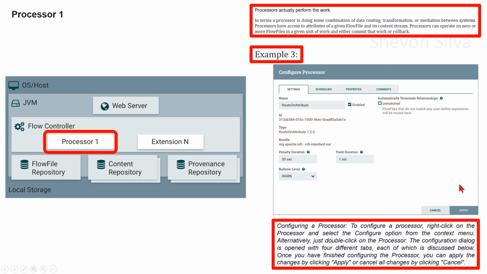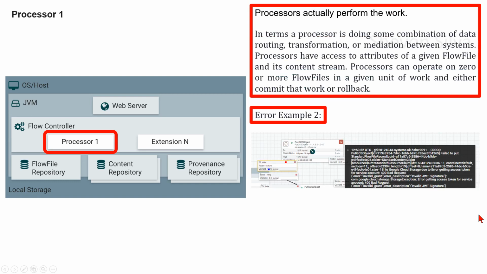So in summary, as an error example, we can consider this one. Error: failed to put a standard flow file, recording here. And other information are here.